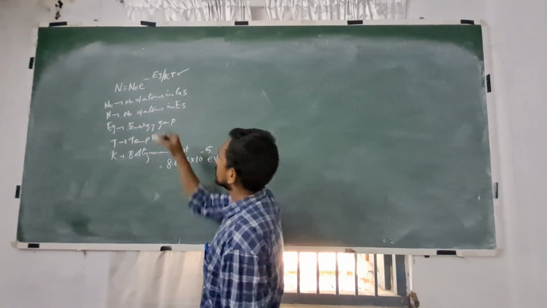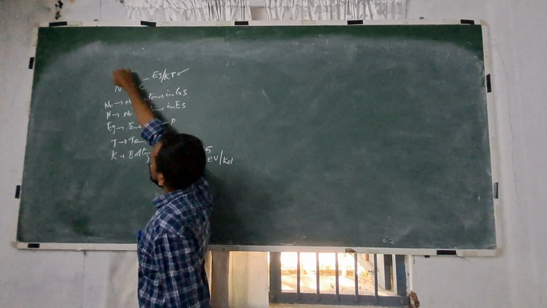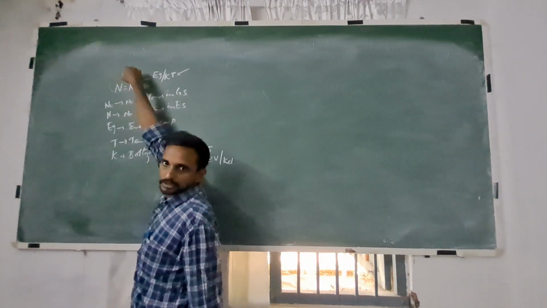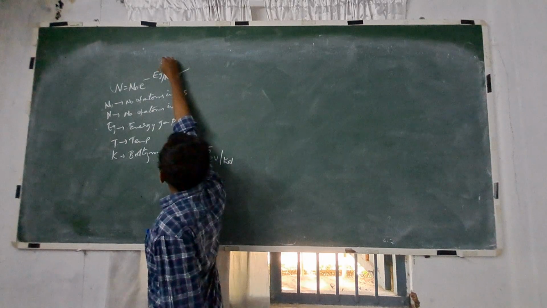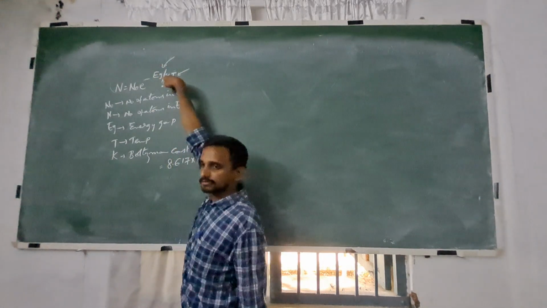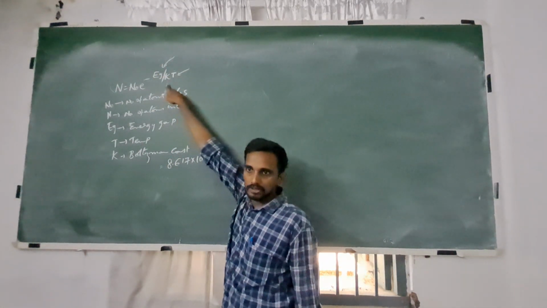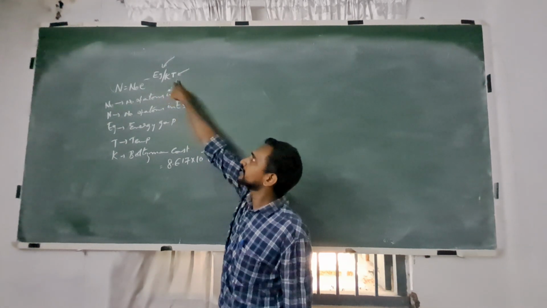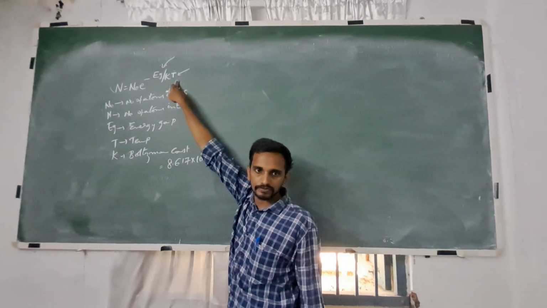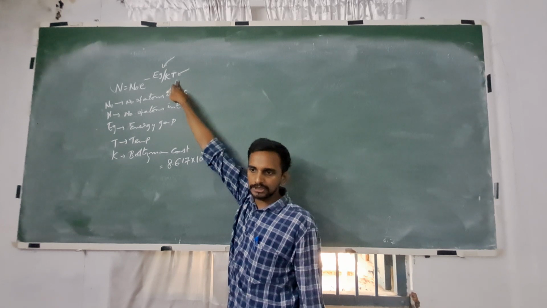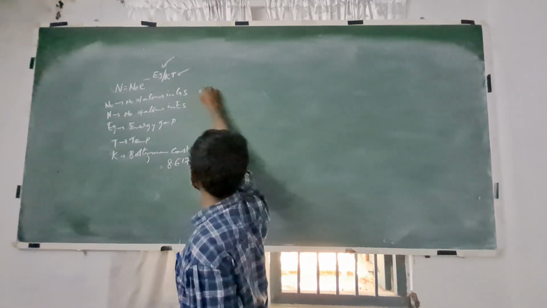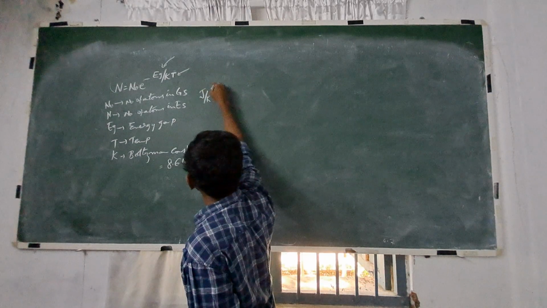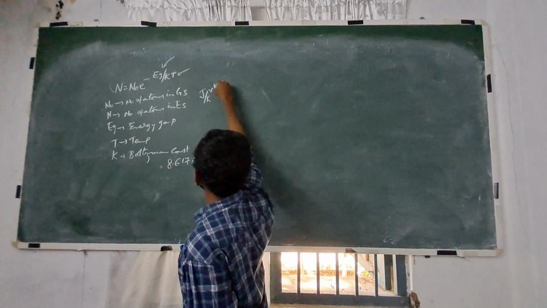So what about the units? On one side we have a number, here also you have a number, so this should be dimensionless. Means the product of K and T should have dimensions of energy. So K has dimensions of joules per Kelvin, multiplied by temperature in Kelvin gives you joules.